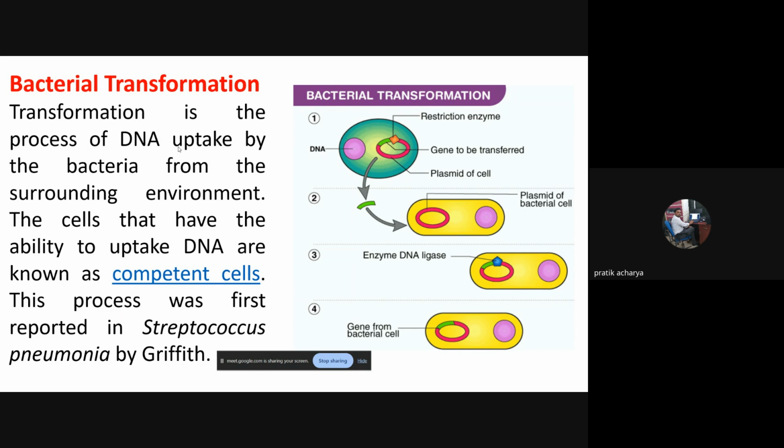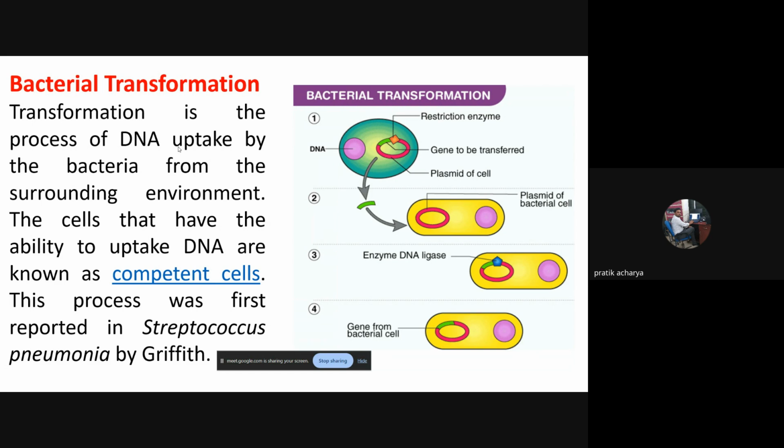That means the smooth strain is the dangerous, harmful strain, and the R strain is the harmless strain for the mice. But in his second group of experiments, he injected heat killed S strain. We know that S strain in its living condition is harmful for the mice. But when heat killed S strain was injected into mice, the mice stayed alive.